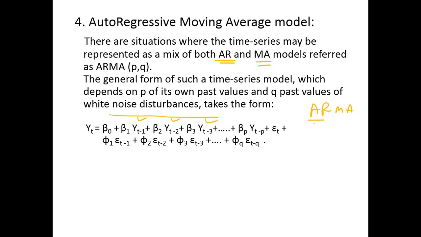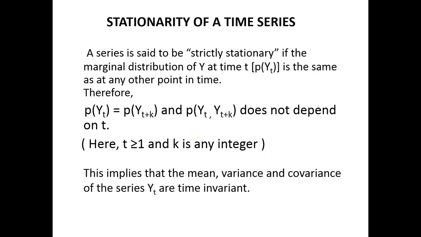That means you have AR terms as well as MA terms. So you have past values Yt, Yt minus 1, Yt minus 2, and so on. And then the error terms also, epsilon t minus 1, epsilon t minus 2. So it's a combination of both, AR plus MA is equal to ARMA. And people have said that this is more accurate many times over AR or MA process.